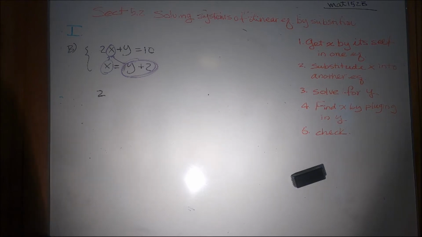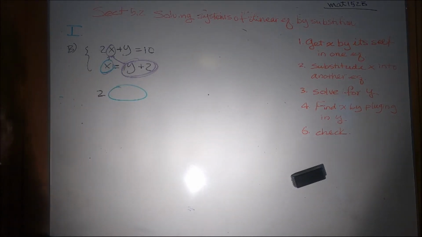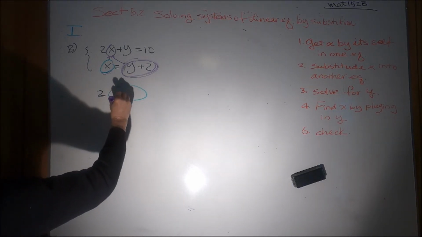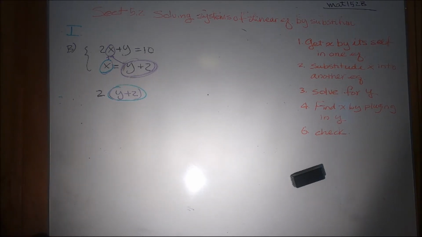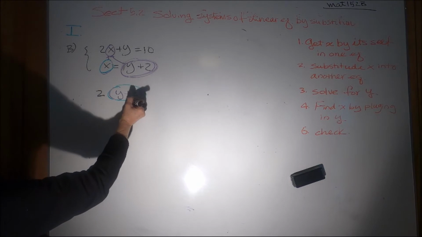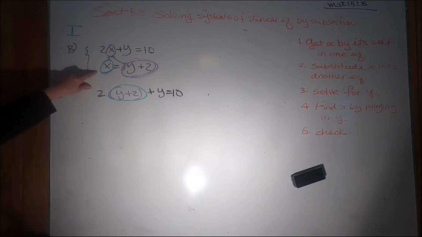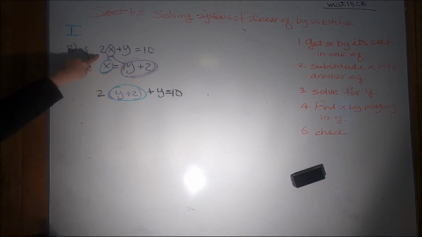But now my x will be replaced by its equivalent thing, which is y plus 2, right? So 2 times (y plus 2) plus y is 10. That means we substitute the second equation for x and replace it by y plus 2 in the first equation.